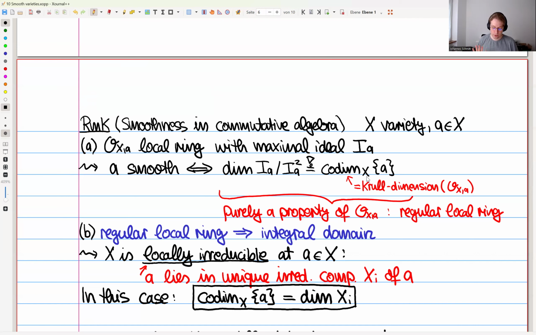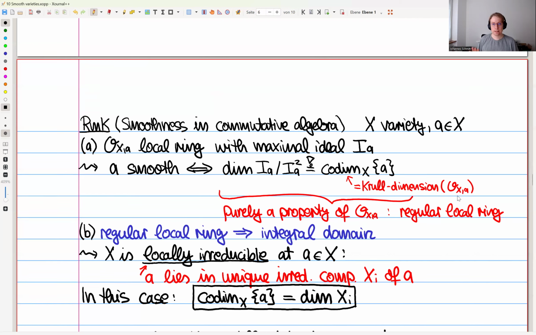Then these irreducible subsets containing A correspond to prime ideals in the coordinate ring of X which are contained in the maximal ideal associated to A. So here you look at chains of prime ideals, all contained in the maximal ideal associated to A.